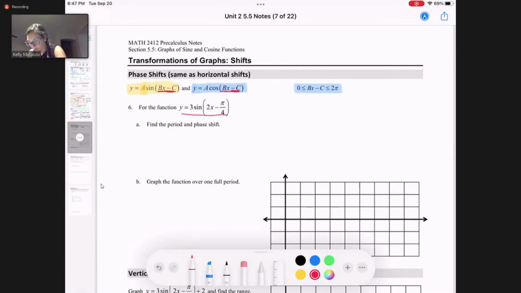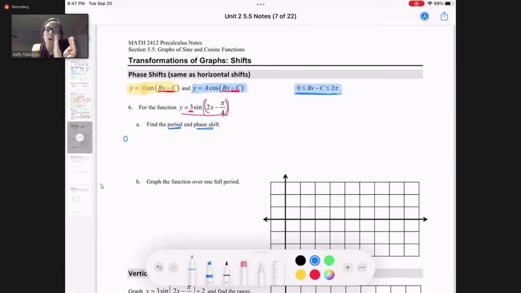So we'll look at this first example with sine: 3 sine of 2x minus pi over 4. So we focus on the 3, and then we focus on the 2x minus pi over 4, right? First thing we're going to do is get the new period. So I'm going to use this equation here, and I'm going to say, okay, 0, because we want to find the period, and the phase shift is part of the period.